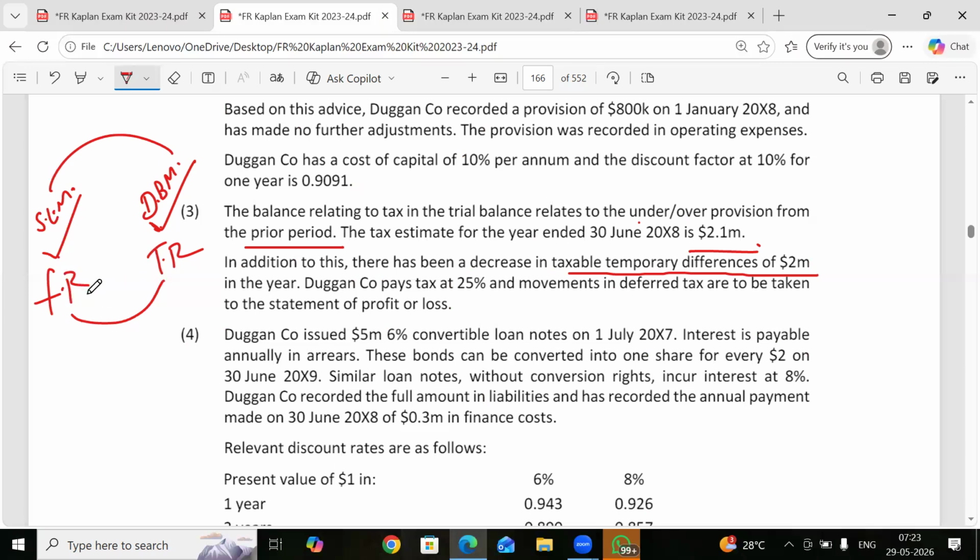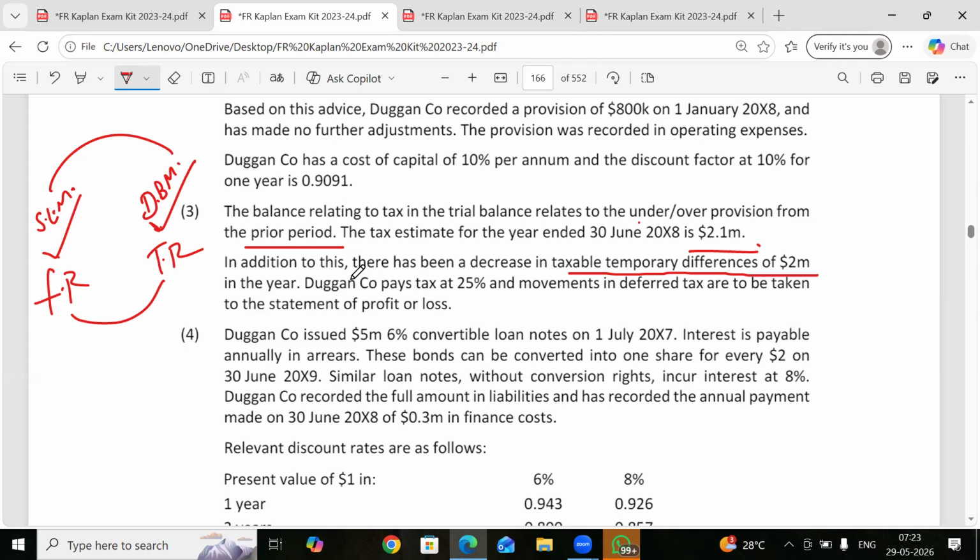So the temporary differences have decreased. So that will definitely impact the taxes, yes or no? So a decrease in taxable temporary differences of 2 million in this year. So differences have got reduced here.